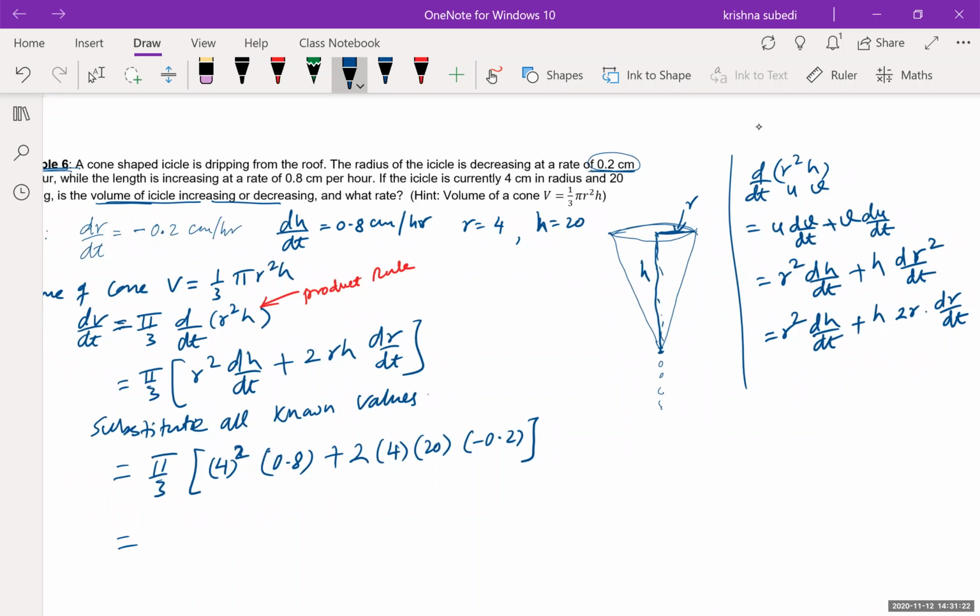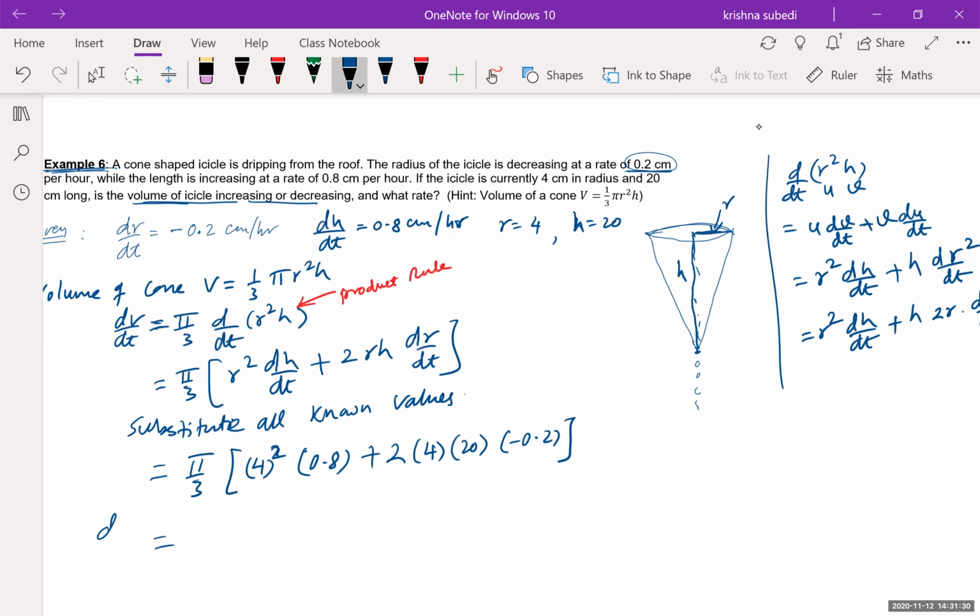If you simplify it, your dV over dt will be approximately negative 20.